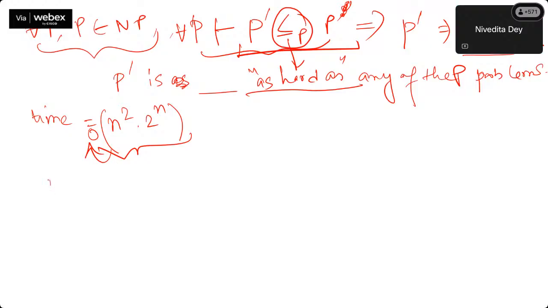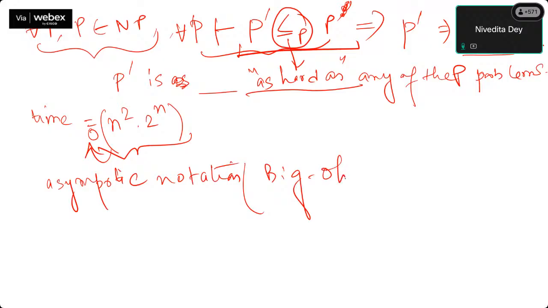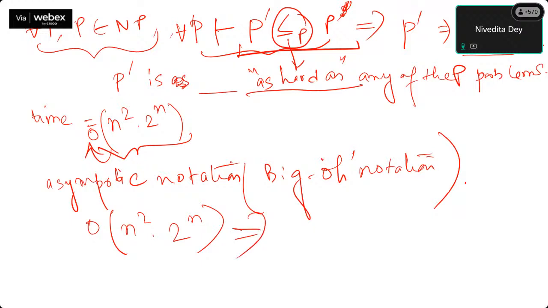This is an asymptotic notation known as big O notation. If it is big O of n squared 2 to the power n, it implies that it belongs to the complexity class with a certain constant times n squared times 2 to the power n.